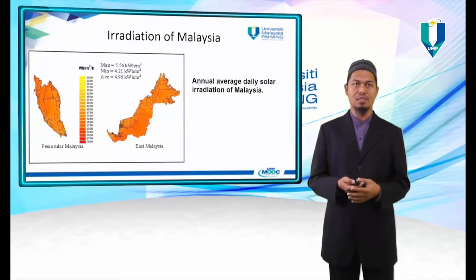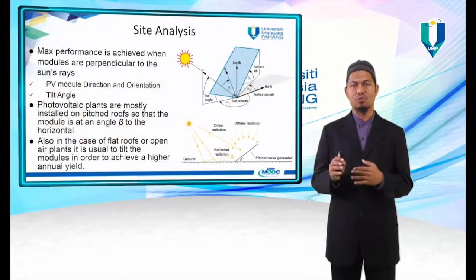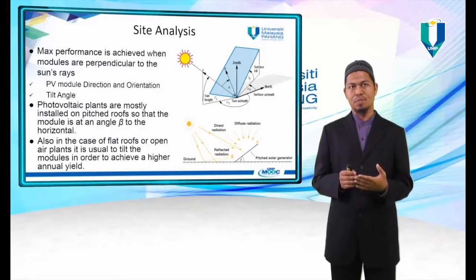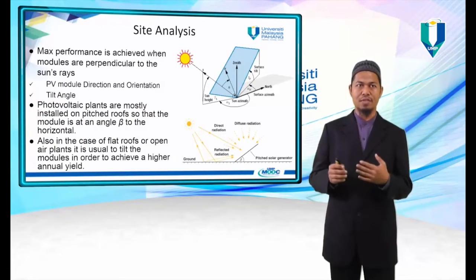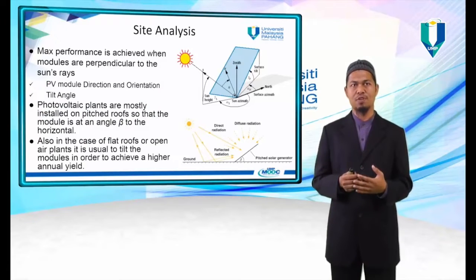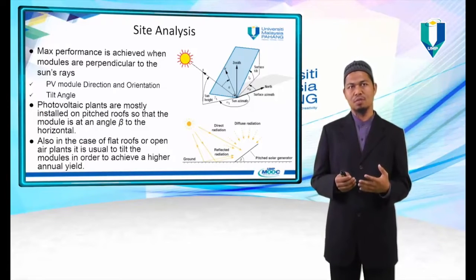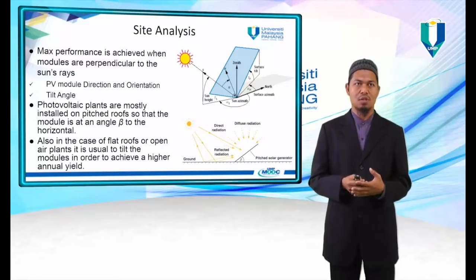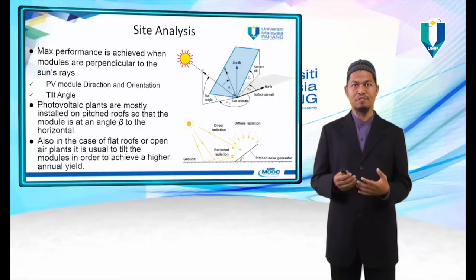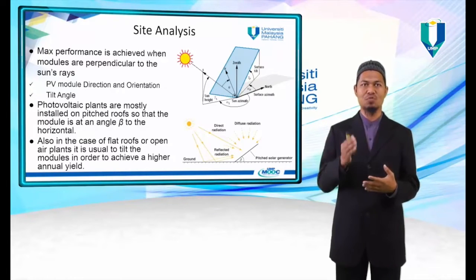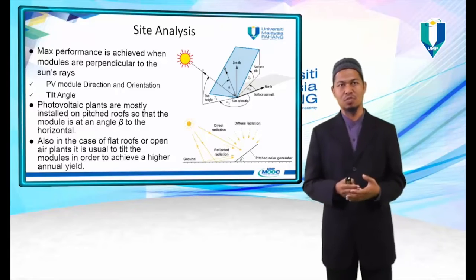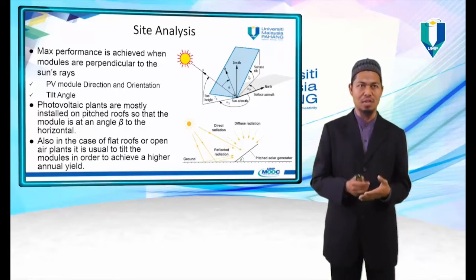To do site analysis, we have to consider two things that will affect the performance of the PV system that we will install. Maximum performance is achieved when modules are perpendicular to the sun's rays, so we can face directly to the sun.